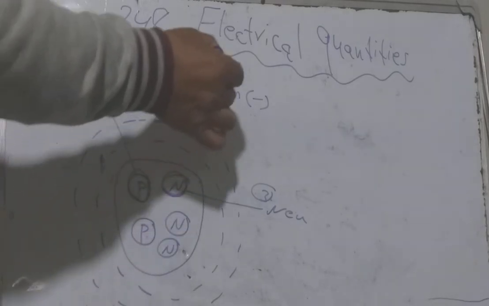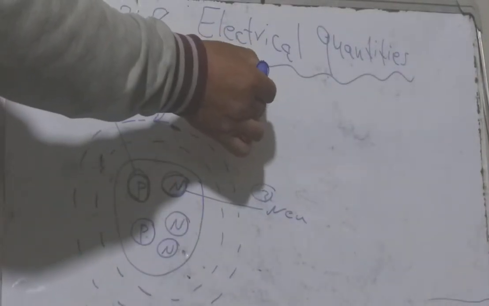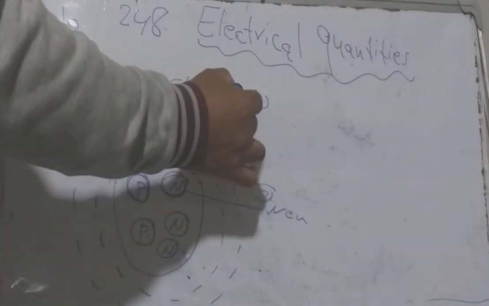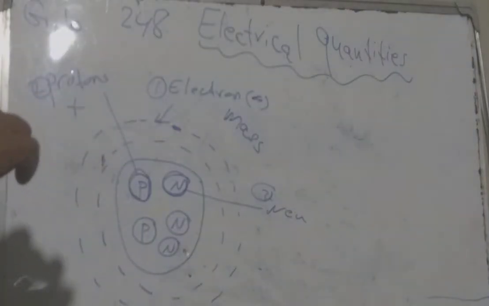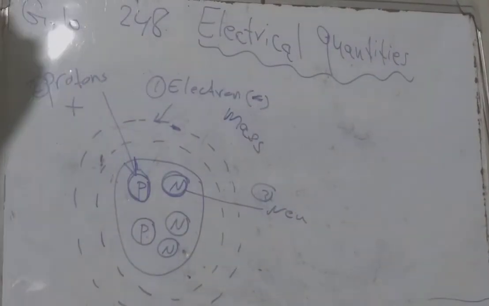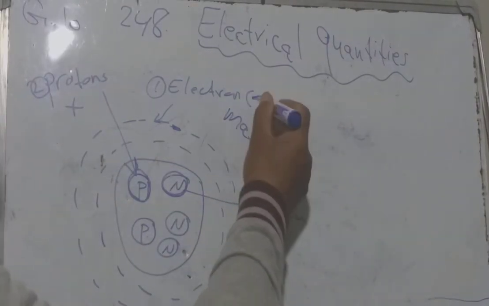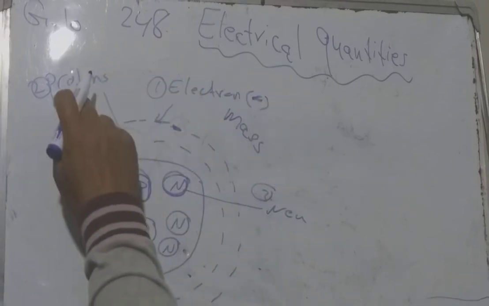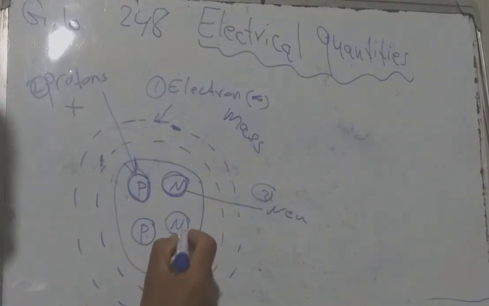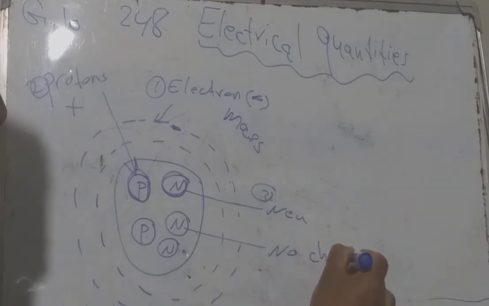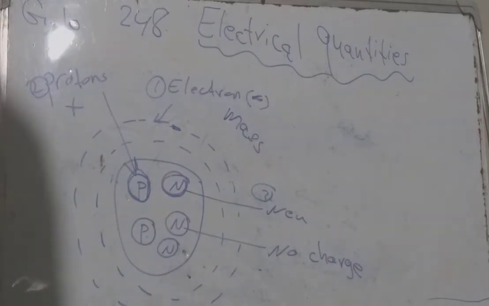Neutrons have no charge. So the electron is negative, the proton is positive, the neutron has no charge.